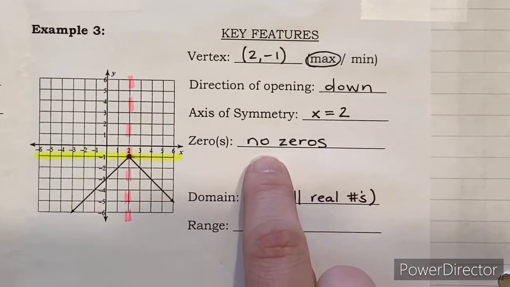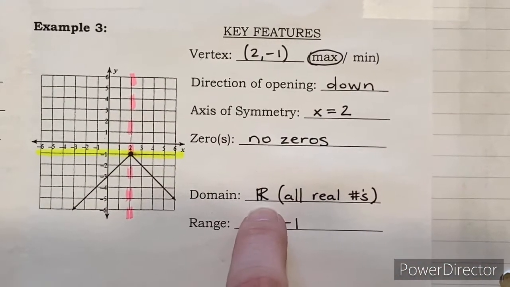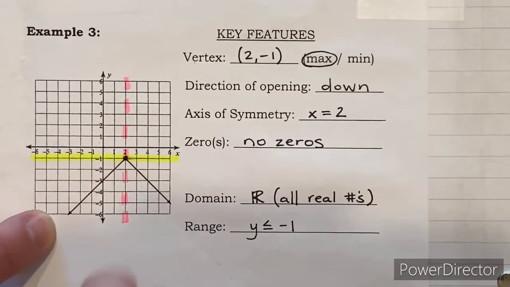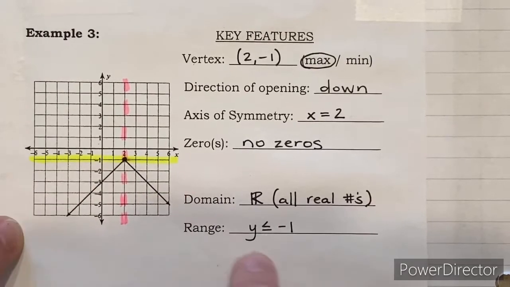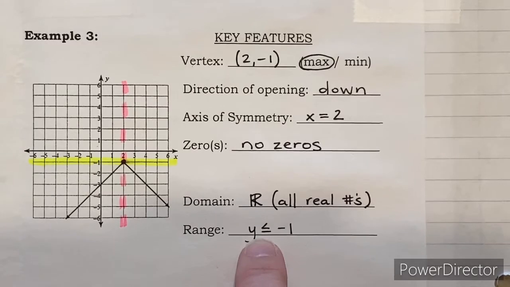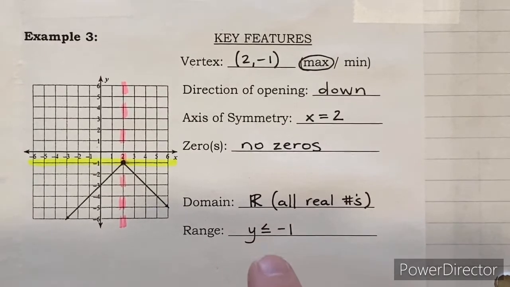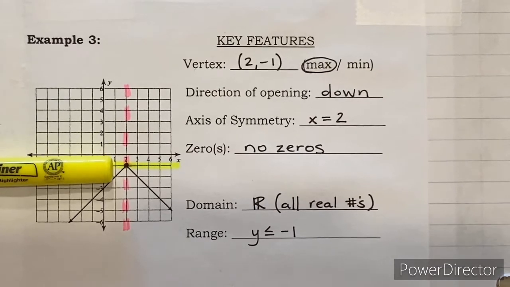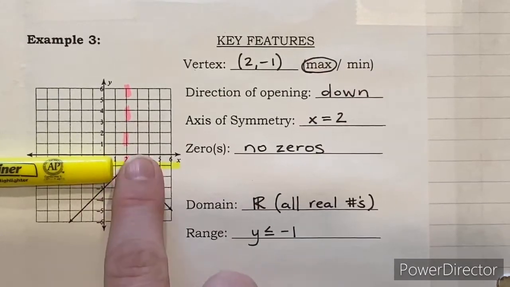There are no zeros. The domain is all real numbers because this one goes down and left, this one goes down and right, so they go left and right forever. Our range is y is less than or equal to -1 because where I drew that yellow line, that's at -1, and the graph is going to use everything less than that.